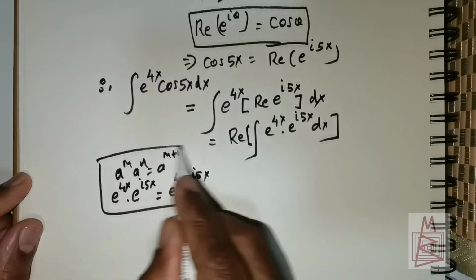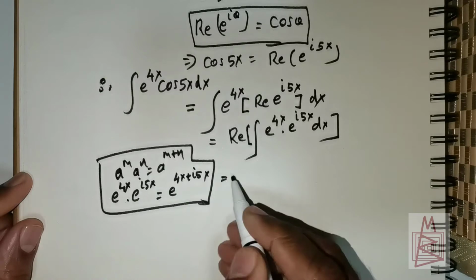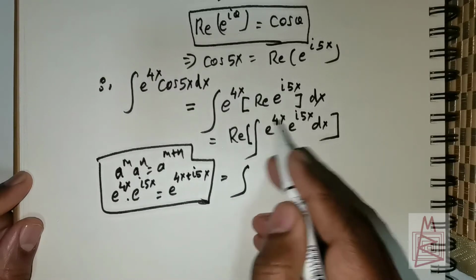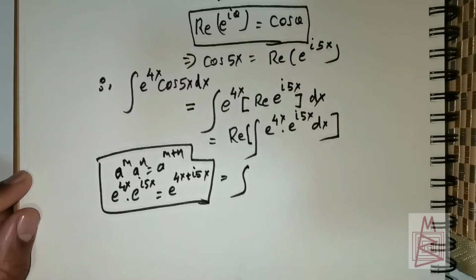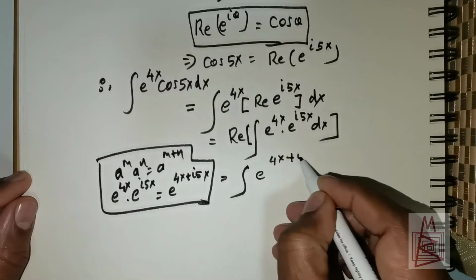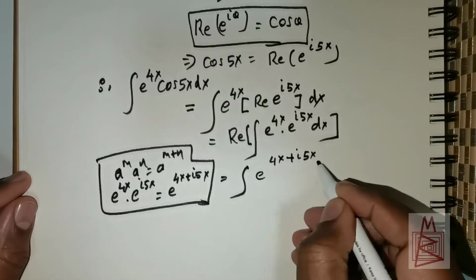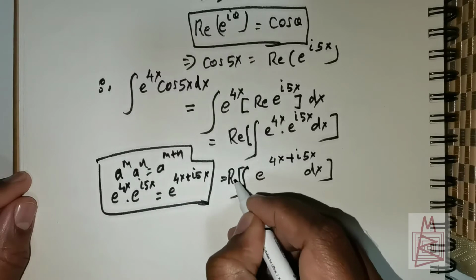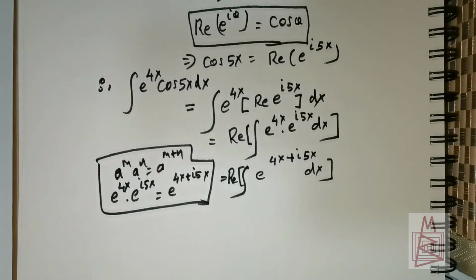So using these inputs, I would now rewrite the quantity within the integrand as e^(4x+i5x) dx. So close the parenthesis and place the real part there.